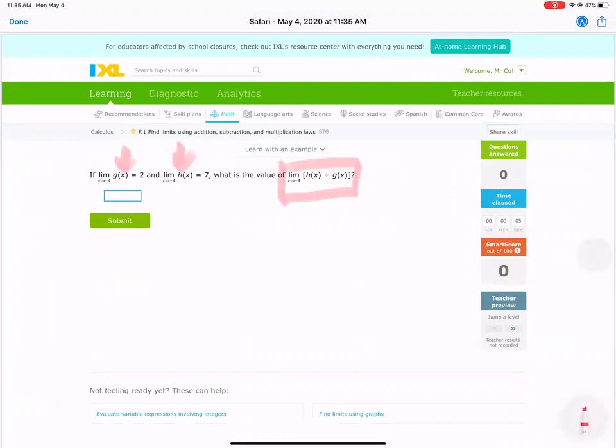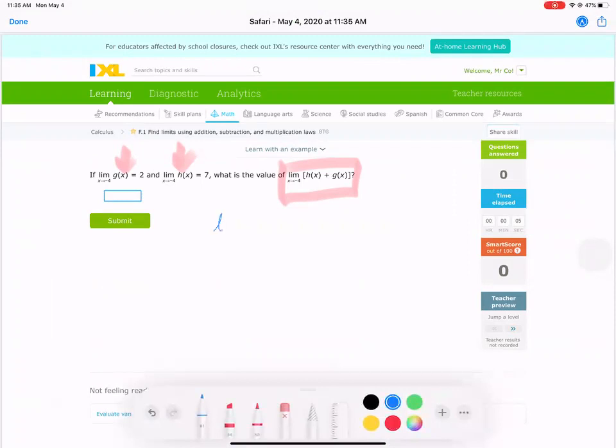Okay. So let's rewrite this. On the right, the limit as x approaches -4 of h of x plus g of x. Hey, well, it's a plus sign. We can separate that into two separate limits.